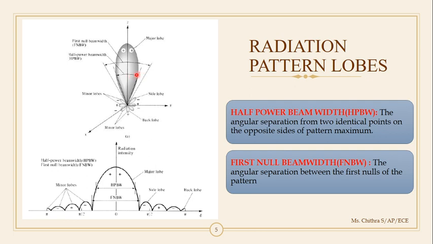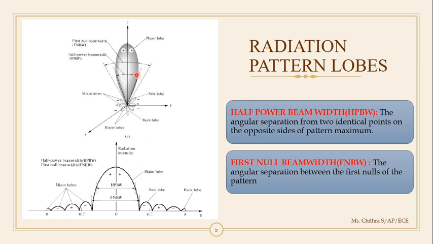So this is used mainly to determine the crossovers between two or more antennas. Like if there are two antennas that are designed which are operating at very short distances, this half power beam width is used to find the crossover regions between two nearly placed antennas.